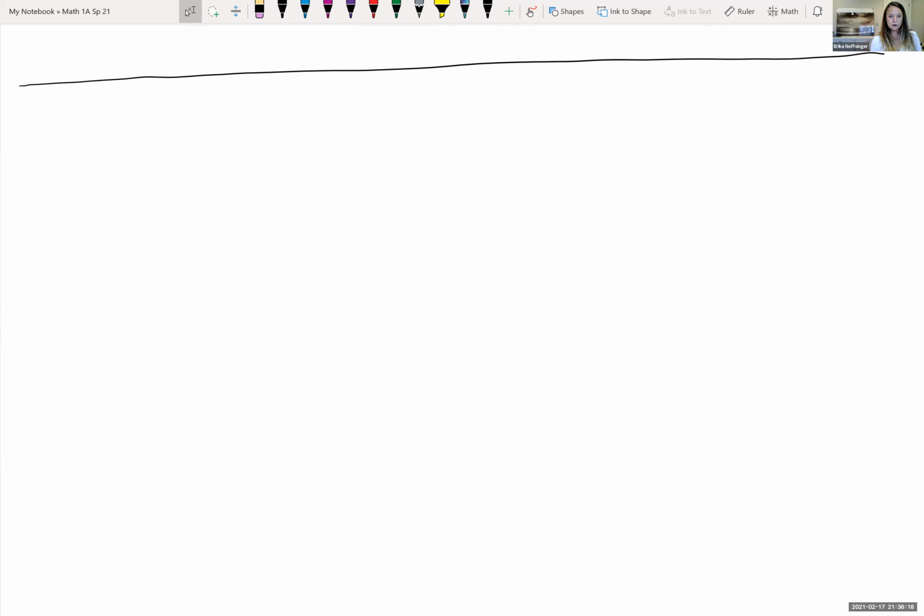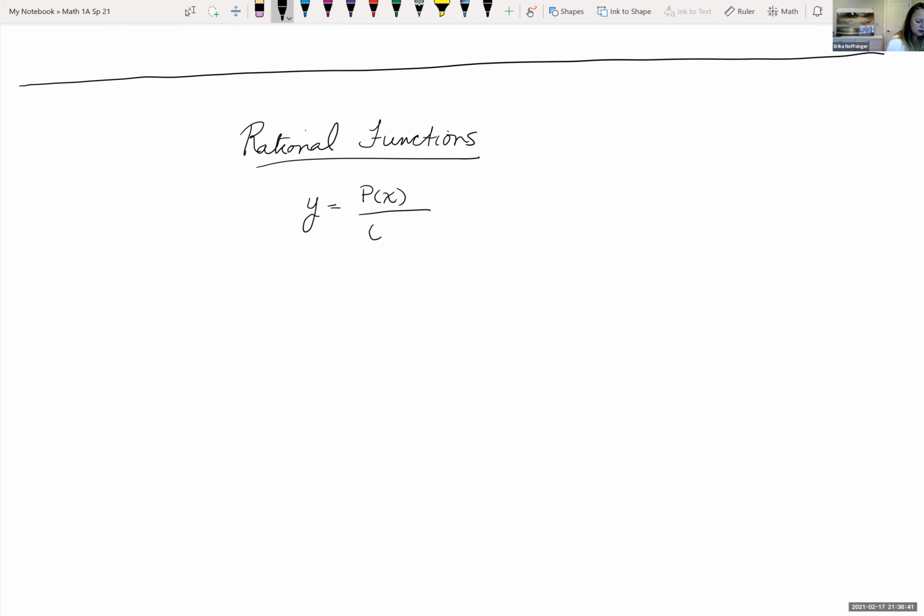And so vertical and horizontal asymptotes occur or can occur if we have a rational function. So recall rational functions, those were in the form where you had some p of x, some function in the numerator, all over, let's say q of x, some function in the denominator.